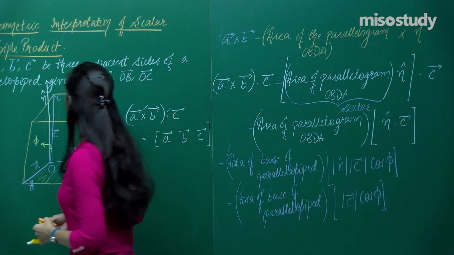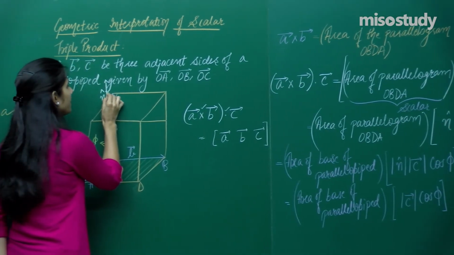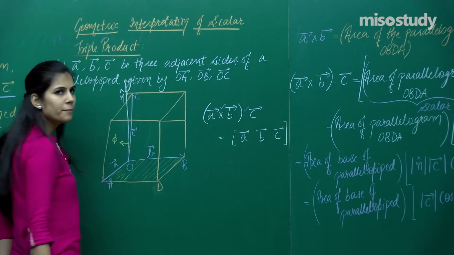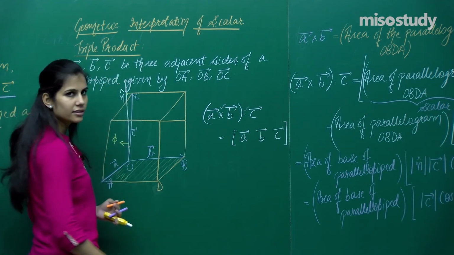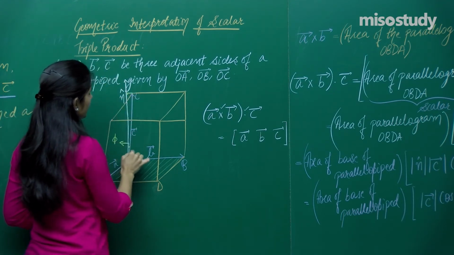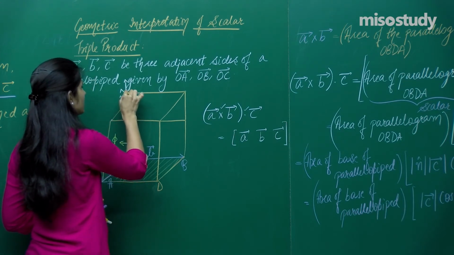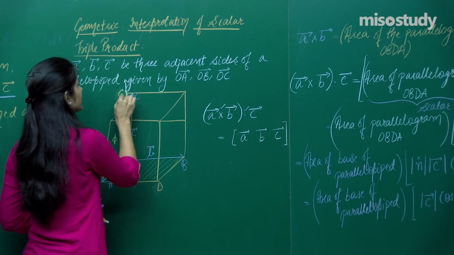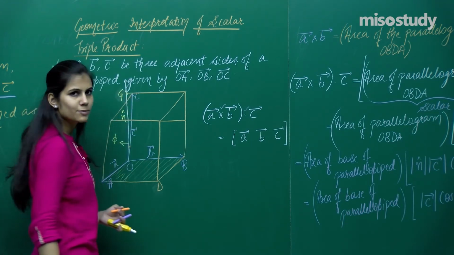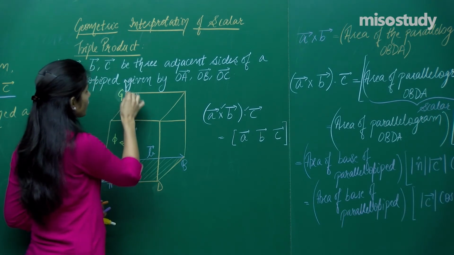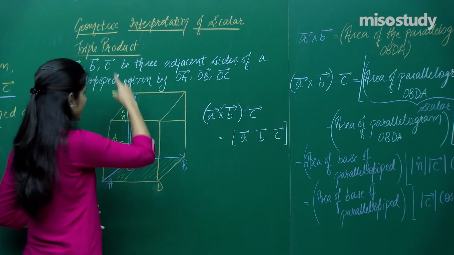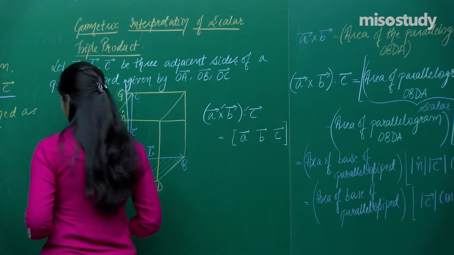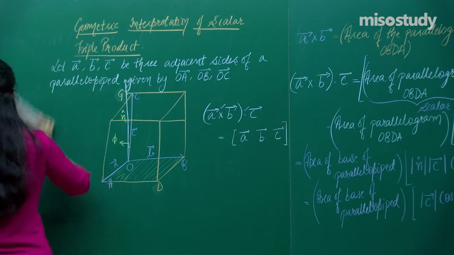But over here, if you drop a perpendicular from point C to this vector n cap, you are going to obtain a triangle. Suppose this point is G, then when I drop a perpendicular from C to this direction, I get a triangle which is CGO. And what is the case with this triangle? Let's understand.